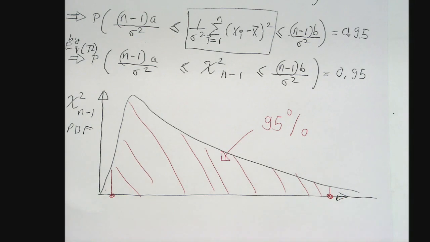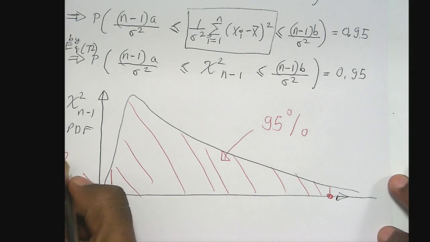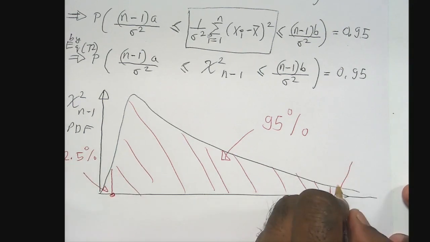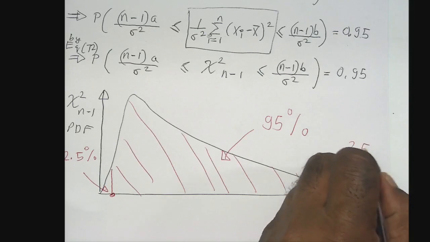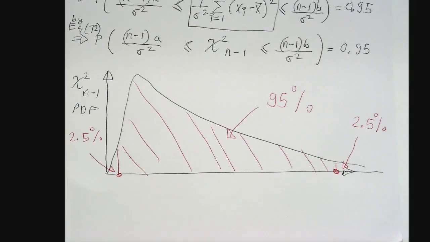But to be fair, let me take this to be 2.5% and this to be 2.5%. So the total area under the curve is 100%.